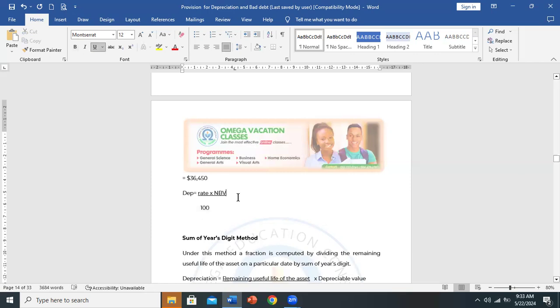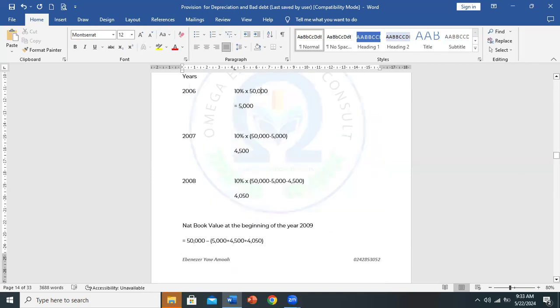So for instance, if we apply it to this question that we just solved, the depreciation will be equal to 10 times the net book value. In this case, let's go to the second year. The net book value would have been 45,000, right?